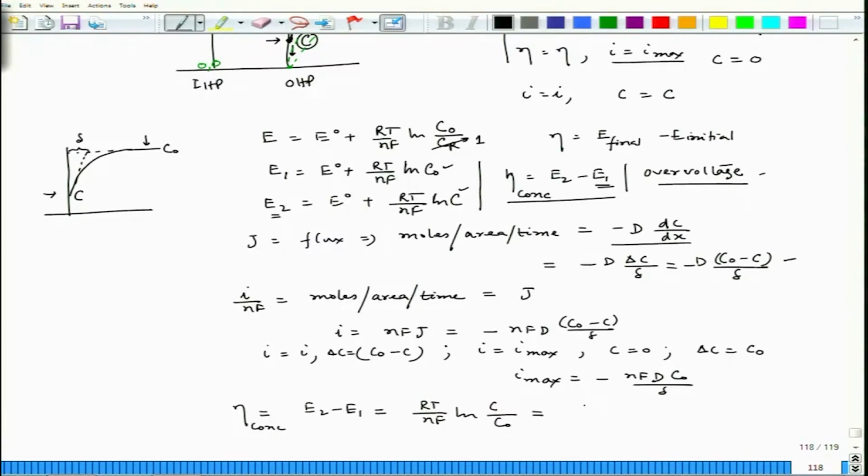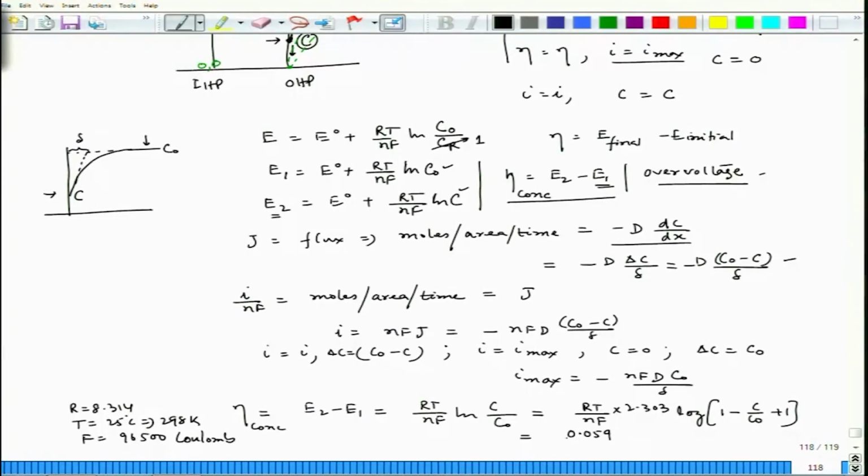So, this I can write in terms of RT by nF into 2.303 log, I can have C minus C 0 plus 1, and if I take R to be 8.314, T equal to 25 degrees Celsius, that means 298 Kelvin, and F equal to 96500 coulomb, then I can get 0.059 by n log 1 minus C 0 minus C by C 0.